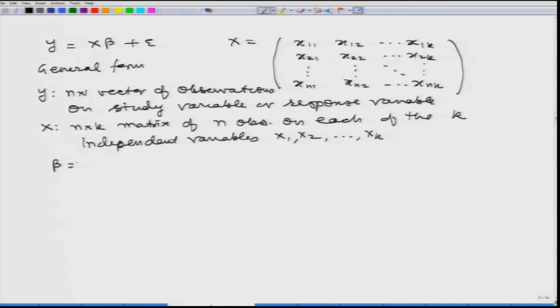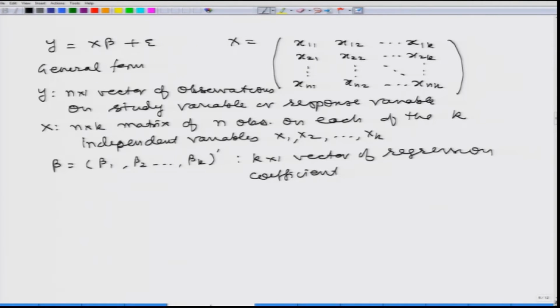Beta is going to be beta 1, beta 2 and beta k prime. This is going to be a k cross 1 vector of regression coefficients associated with x1, x2, xk.